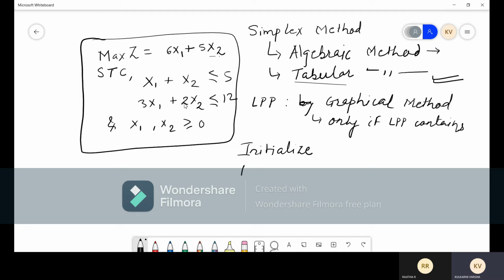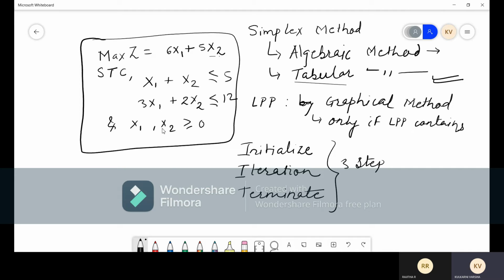The second step is iteration, where we iterate within the method. The last step is termination: at a certain point we terminate the method and the algorithm stops. So these are the three steps in the simplex method. In every iteration, we get a better and better answer. I will show you that when we start.